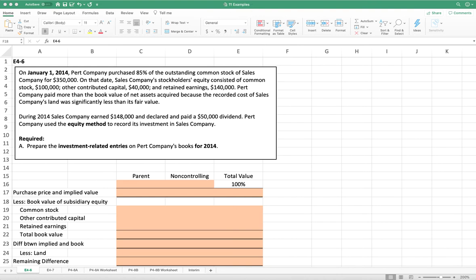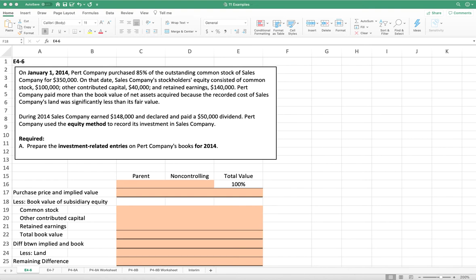PERT Company paid more than the book value of net assets acquired because the recorded cost of Sales Company's land was significantly less than its fair value. During 2014, Sales Company earned $148,000 and declared and paid a $50,000 dividend. PERT Company uses the equity method to record its investment in Sales Company. So first thing they want us to do is prepare the investments related entries on PERT Company's books for 2014.